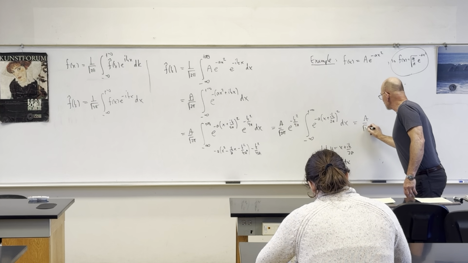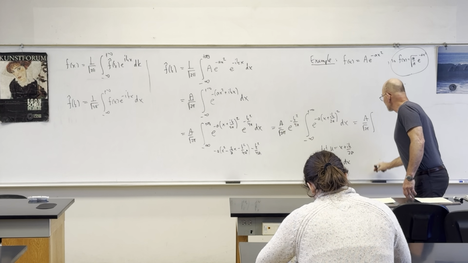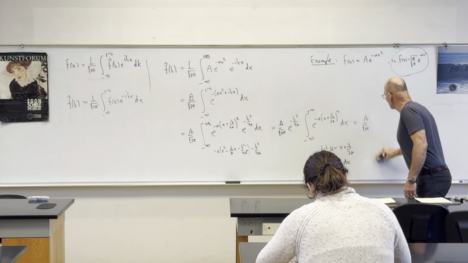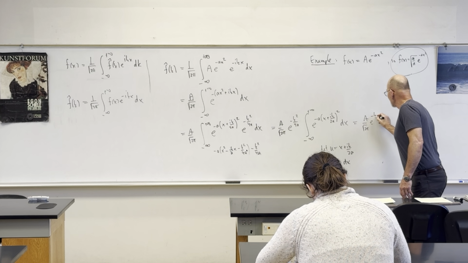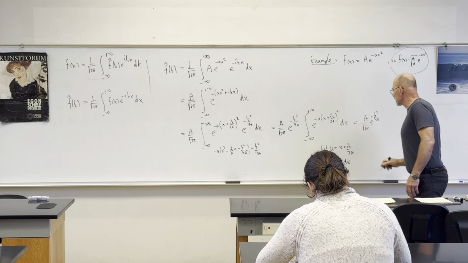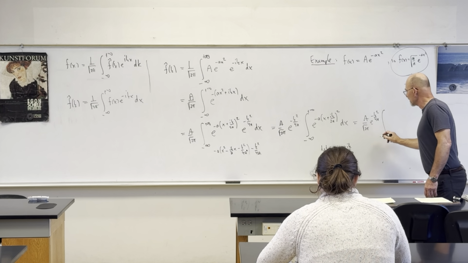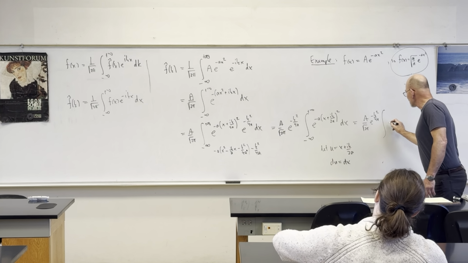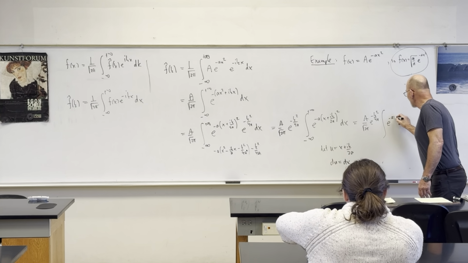A over root 2 pi, oops, put this thing under first, e to the minus k squared over 4a. And you can almost say we're done, right? e to the minus a u squared du, because we just did that integral.